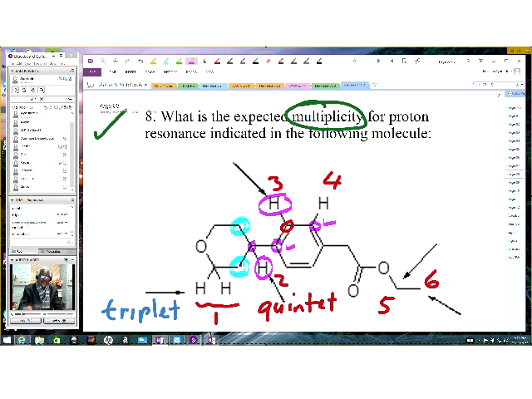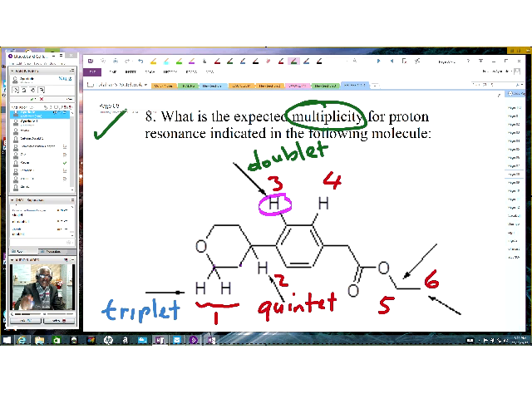Exactly, it's seeing 1. So 1 plus 1 will be a doublet. The multiplicity will be a doublet. Keep in mind, the multiplicity is a measure of what the set of hydrogens is seeing. In this case, this hydrogen here is only seeing one other hydrogen, and that is this here, because there is no hydrogen on this carbon.